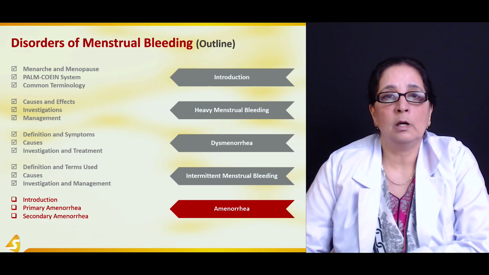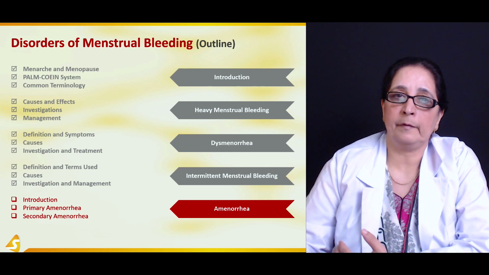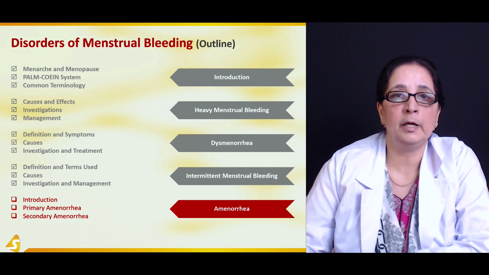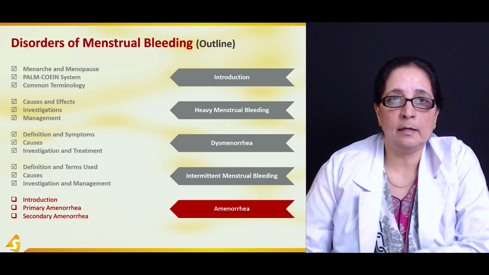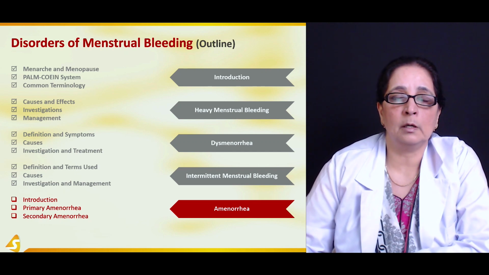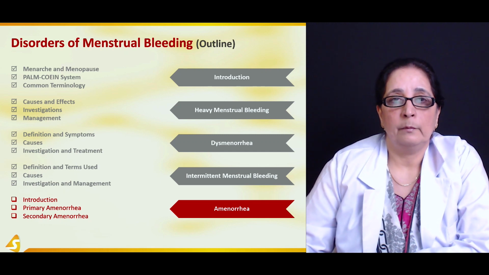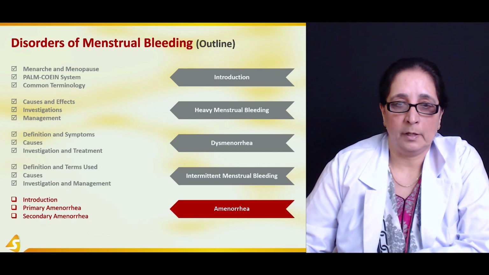So when we talk about amenorrhea, we will discuss two main types of amenorrhea, which are primary amenorrhea and secondary amenorrhea. Besides this, we will also talk about what physiological amenorrhea is, and what amenorrhea is.